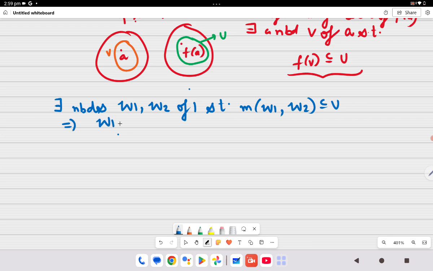It will be W1 W2. So this is contained in U. So this is what we have.